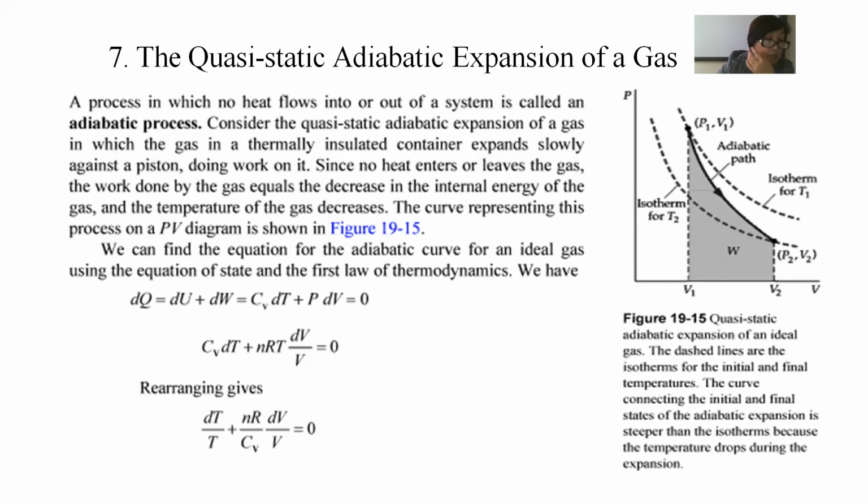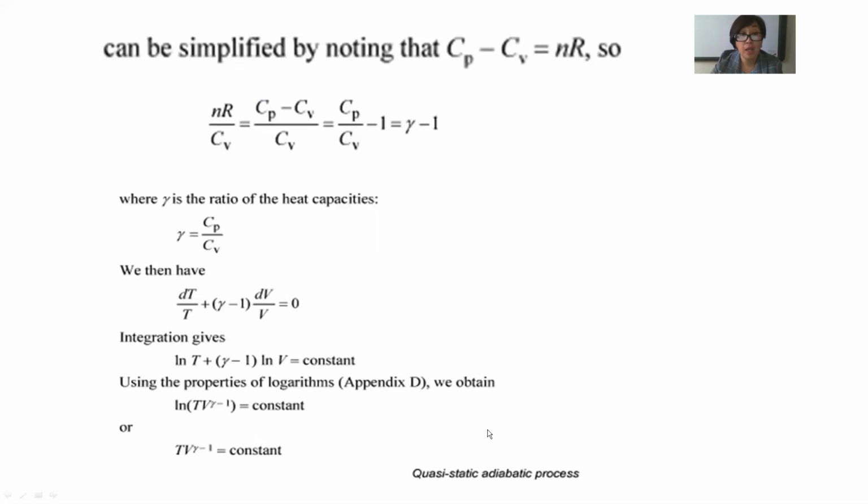Rearranging gives Cv dT equals minus nRT dV divided by V. Dividing through by T, and organizing, we get the final formula, which can be simplified.